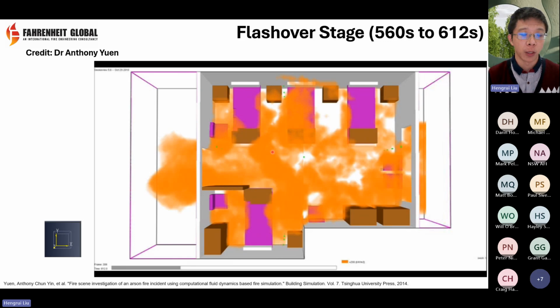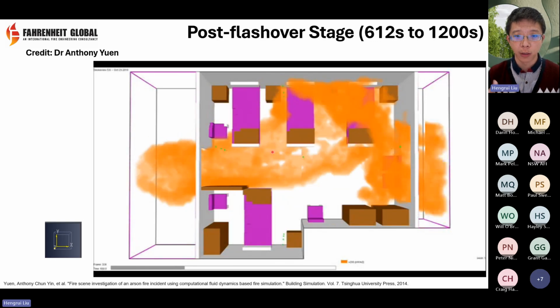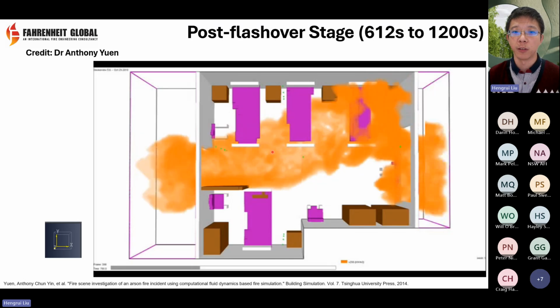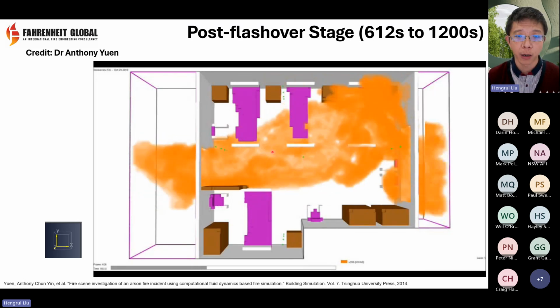At the time, we don't really know what's happening, but this is what our model tells us: once the window breaks, the fire propagates to the whole room. And after it propagates to the whole room, it burns away everything we see in this room. Anything that it can burn, it burned.